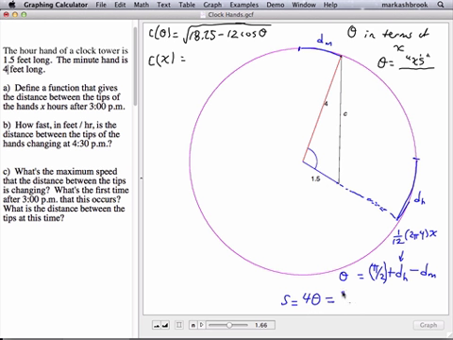So we have 4 times the initial angle, pi over 2, plus the angle covered in x hours by the hour hand, which will be 1/12 of 2 pi x.